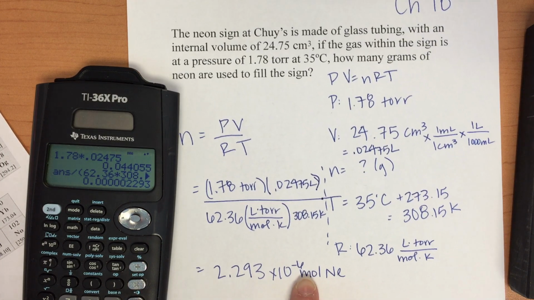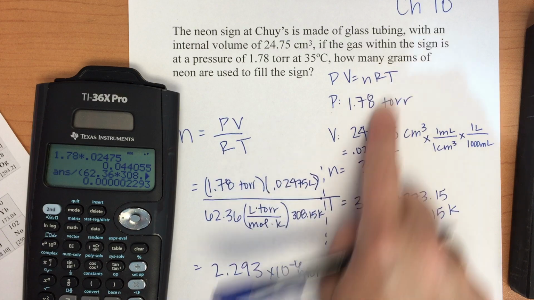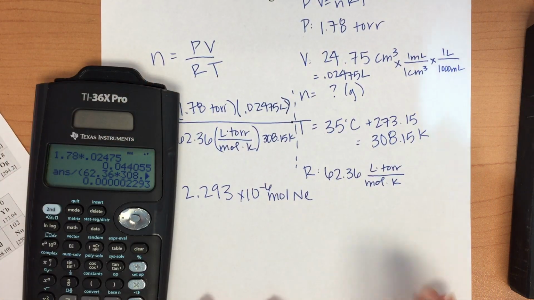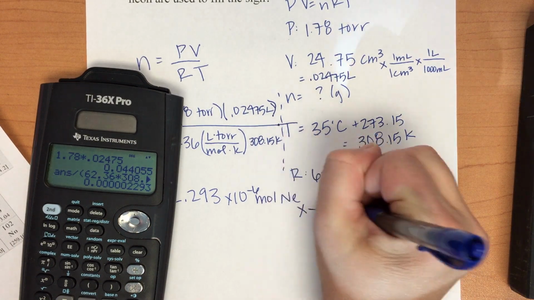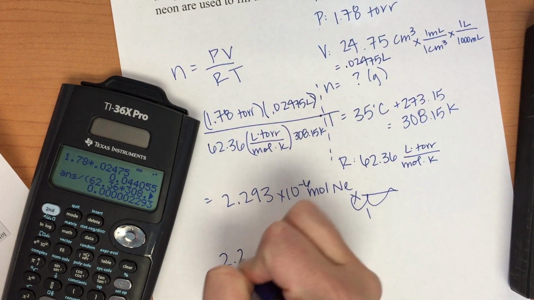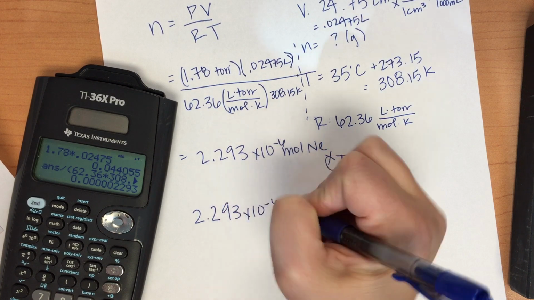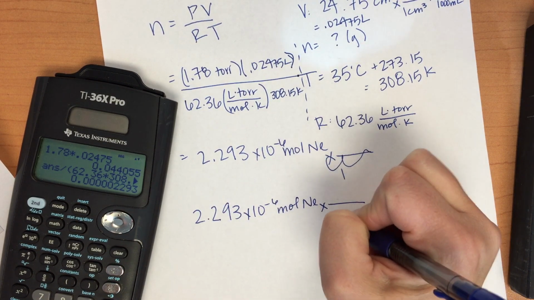Now if we go back to our question, we want to make sure we're actually answering the real question: how many grams? We're currently in moles, so we're going to use the molecular weight. We'll rewrite this: 2.293 times 10 to the negative 6 moles of neon times 1 mole of neon.